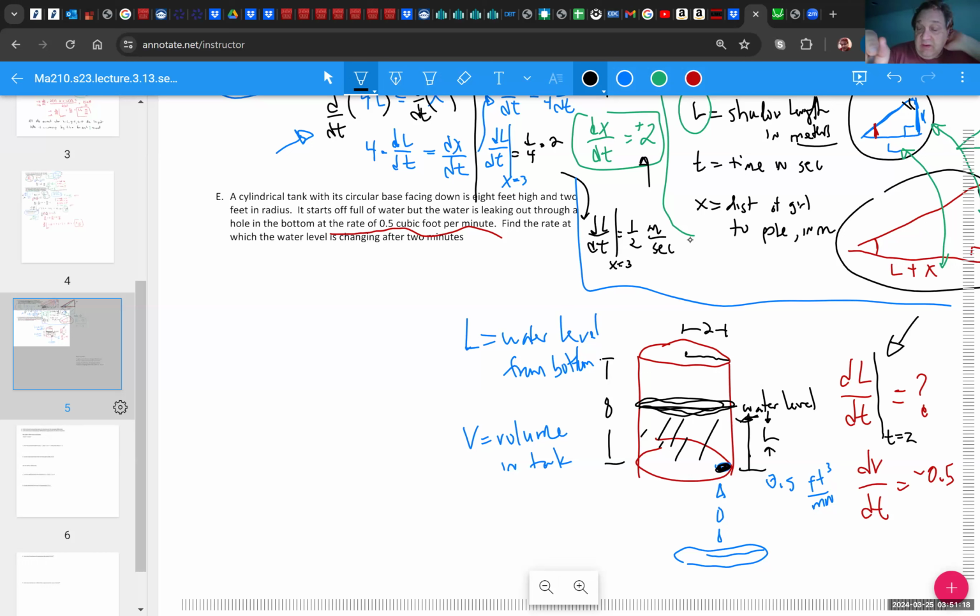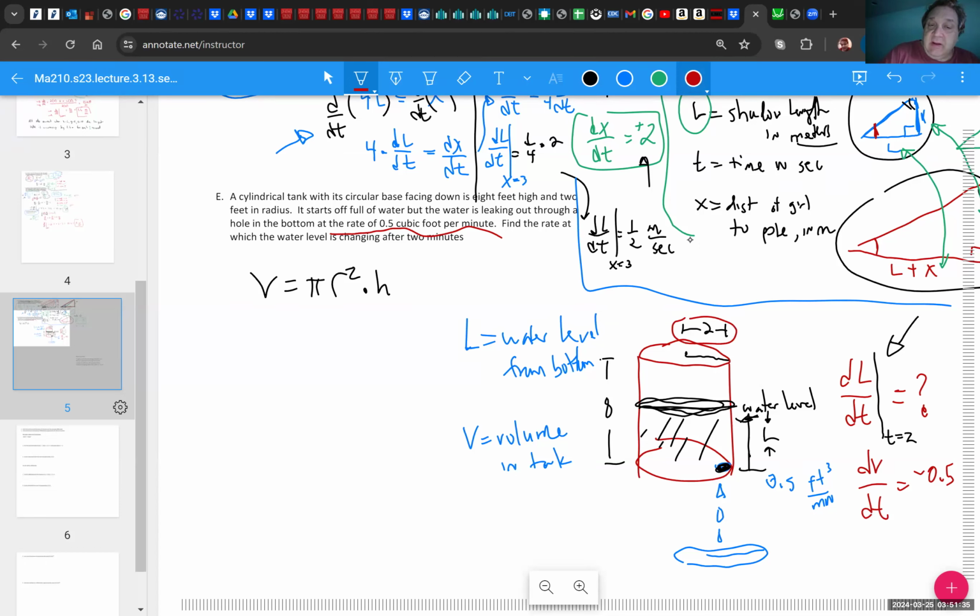So this figure is a cylinder. The volume of a cylinder is pi r squared times the height. In our particular problem, the r is fixed at 2. It's always 2.